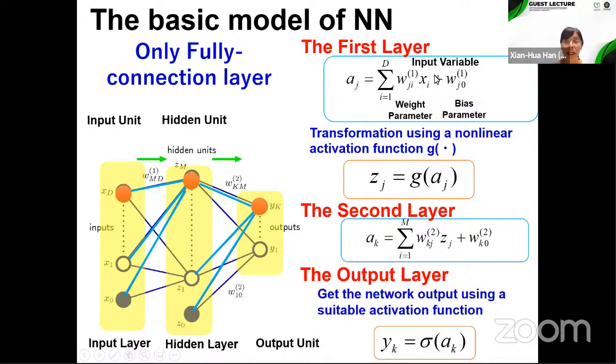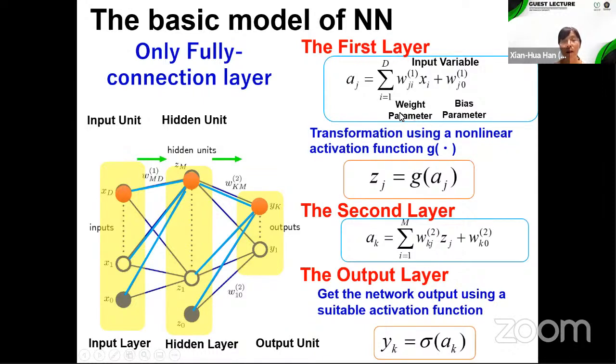And wji is the weight in a link. So the output is the hidden layer's j-th unit, and aj is the output of the j-th unit of the hidden layer.